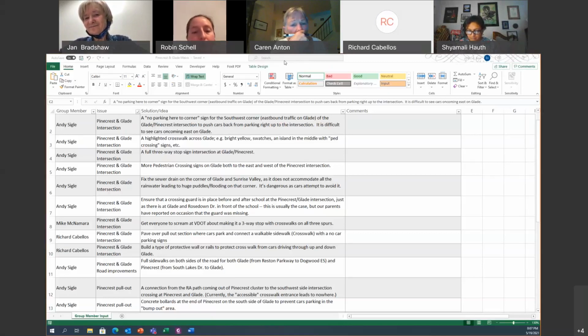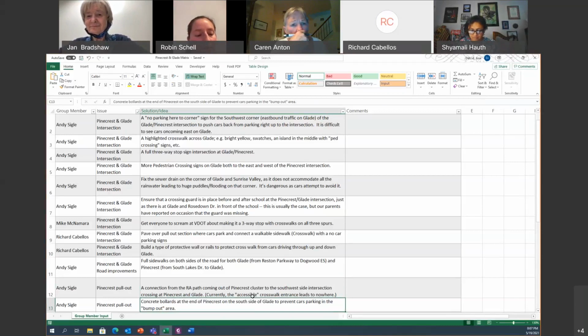I had a question. I had my hand raised, but I just want to make sure I'm trying to understand. Instead of a stop sign, is it more visual and safer, or is it just the cost of it versus putting a stoplight there?